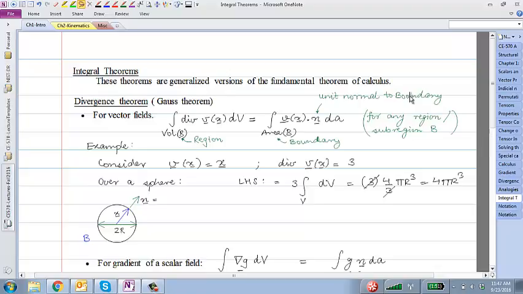So if the origin is attached at the center of the sphere, then the position vector of this point on the surface is x. I know for a fact that the unit vector should be along this radial direction. So can I say that n is equal to x? x is not a unit vector, but it's pointing in the right direction.